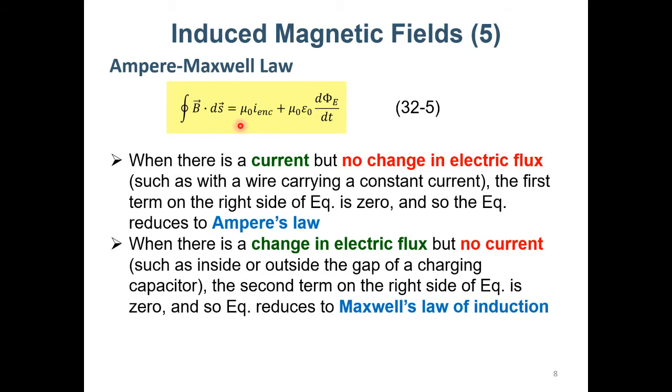So we write both terms together, and then determine which one is zero and which one is non-zero. Then we can determine on the right side whether it is positive or negative, and determine the direction of the B field.